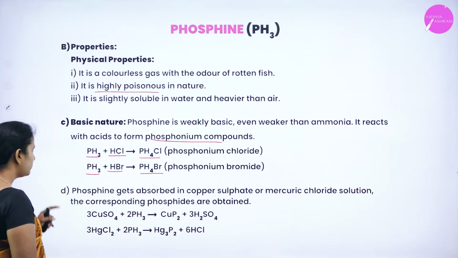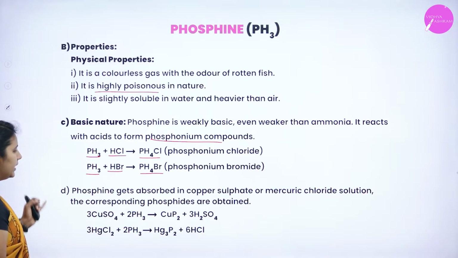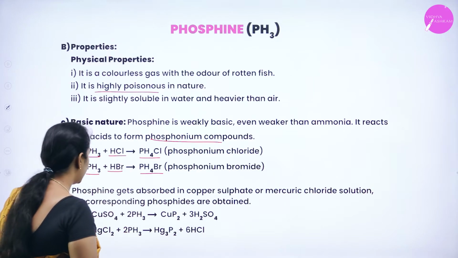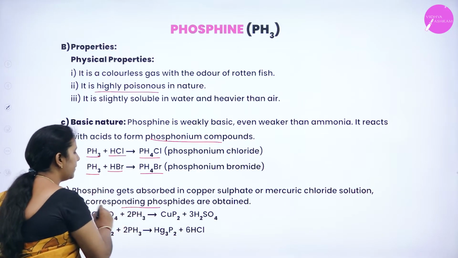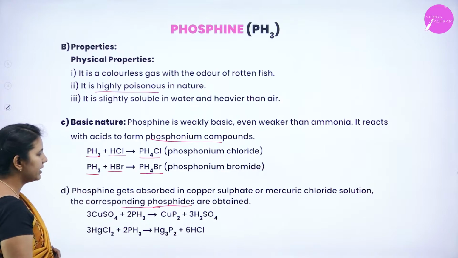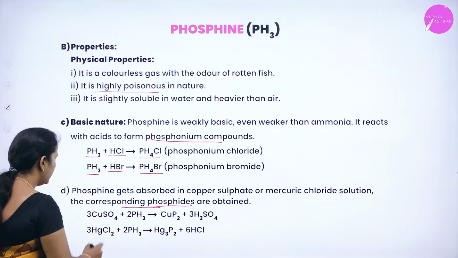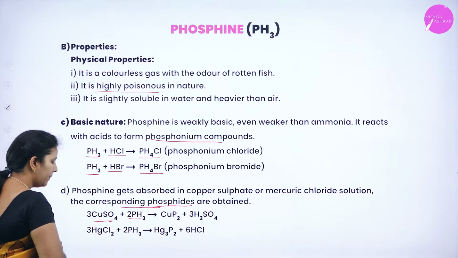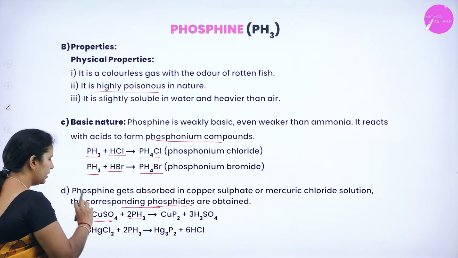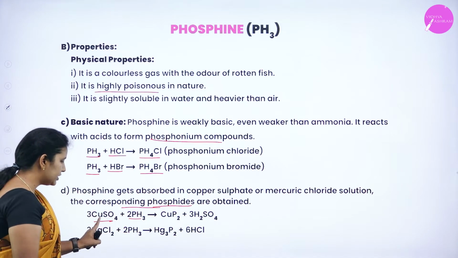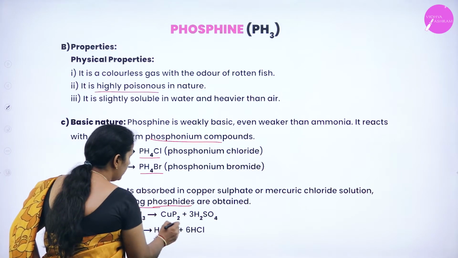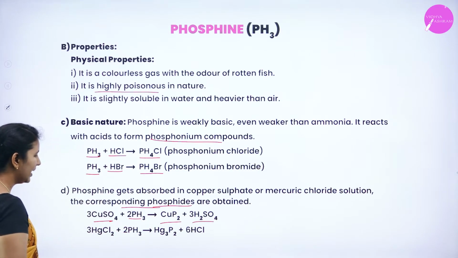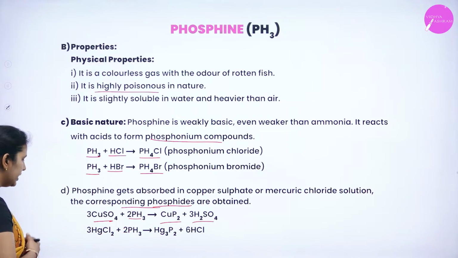Phosphine gets absorbed in copper sulfate or mercuric chloride solution, and the corresponding phosphides are formed. So here I have copper sulfate, which is allowed to react with phosphine. The phosphine gets absorbed by the copper sulfate to form copper phosphide along with the formation of H2SO4, which is an acid.